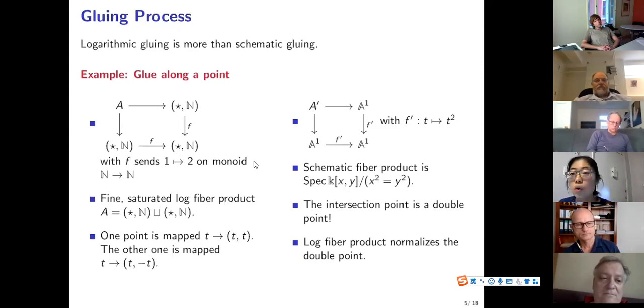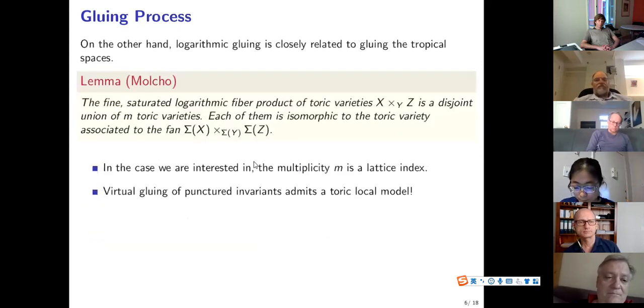Yeah, so this example already shows us that the logarithmic gluing is very subtle, but the good news is that it's not very close to the schematic gluing, but somehow it's very close to the tropical gluing. So it's closely related to gluing the tropical spaces.